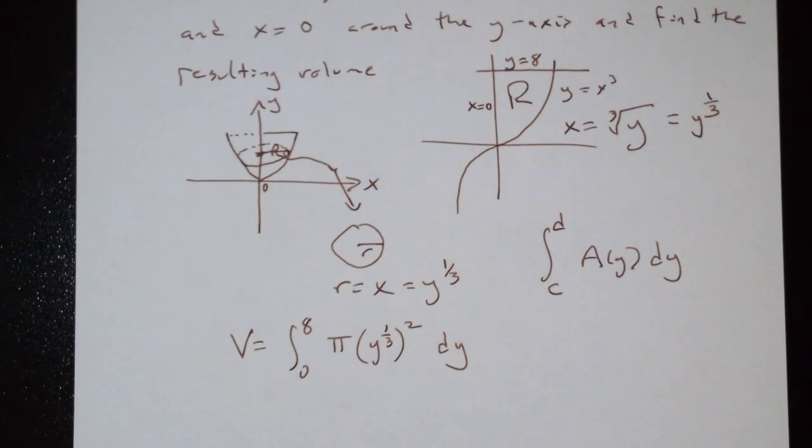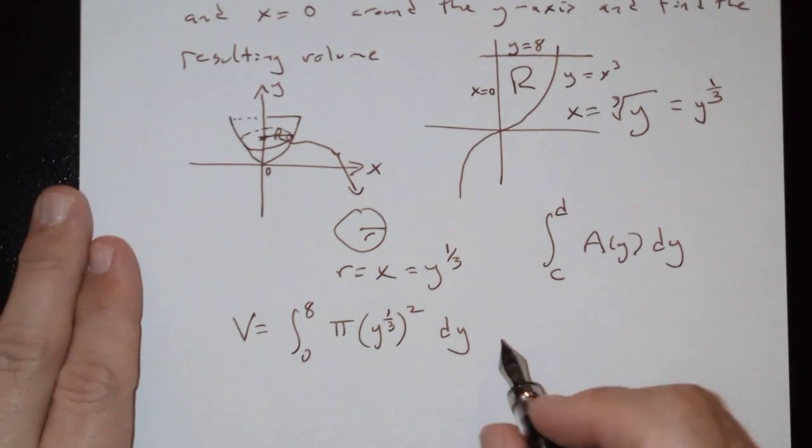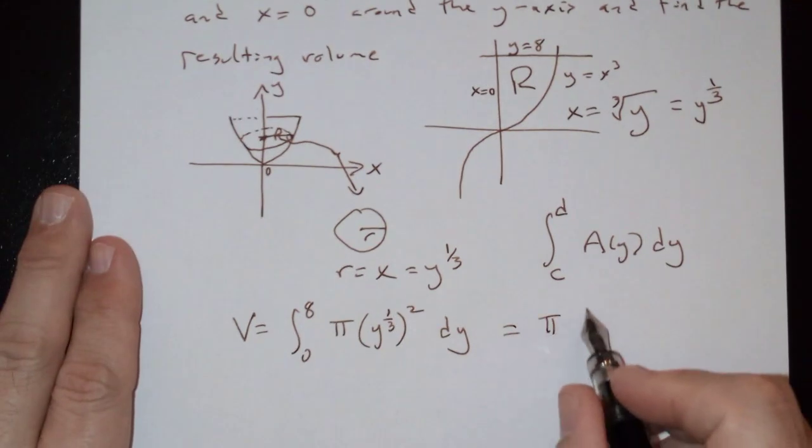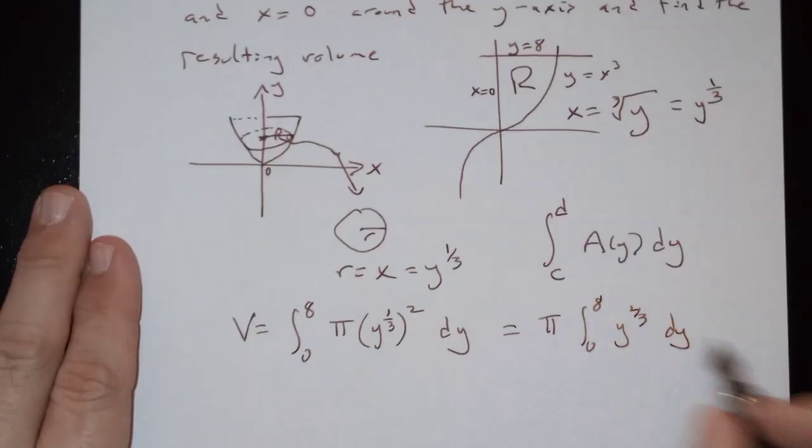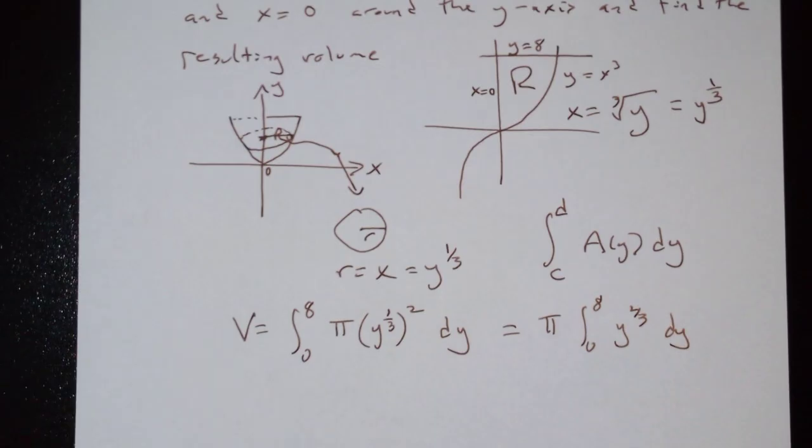Hey, wait a minute. Y to the 1/3 squared. How does that simplify? Power of a power. What do I do with my powers? I multiply them together. But that's power rule again.